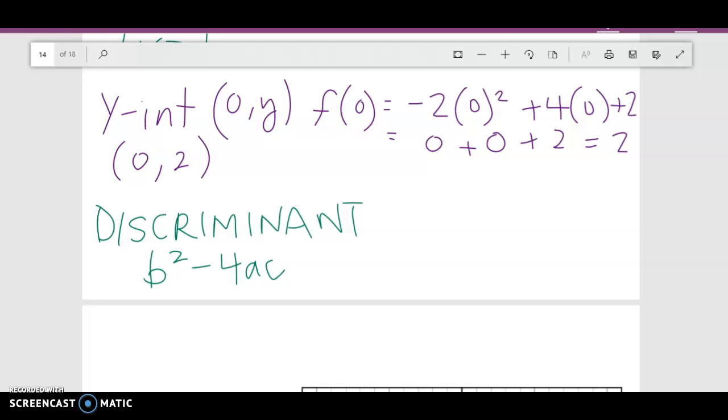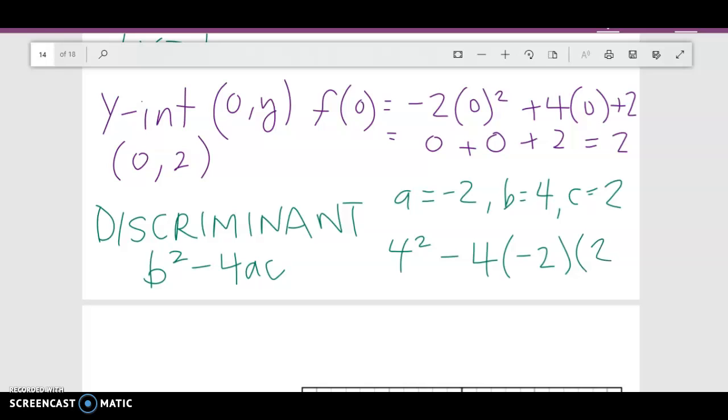So the b value is 4, from our original expression. I'll write these here again: a is negative 2, b is 4, and c is 2. Those are just the coefficients and constant. So the discriminant is 4 squared minus 4 times negative 2 times c, which is 2.